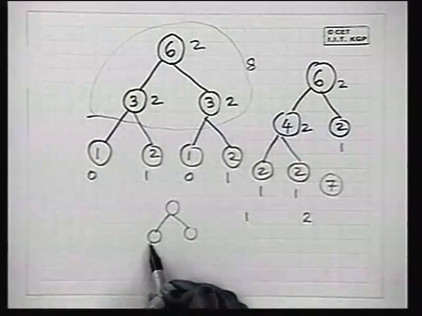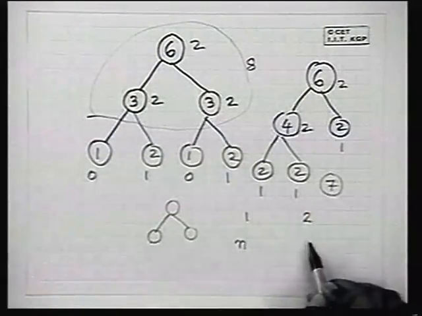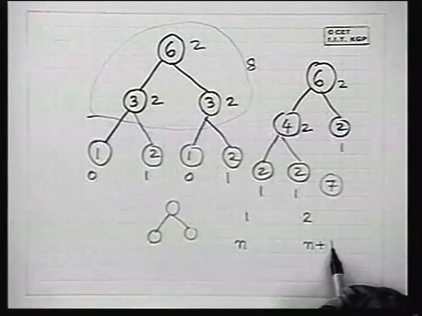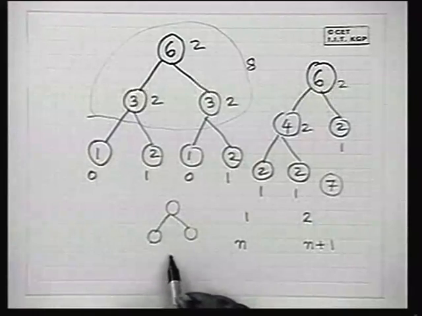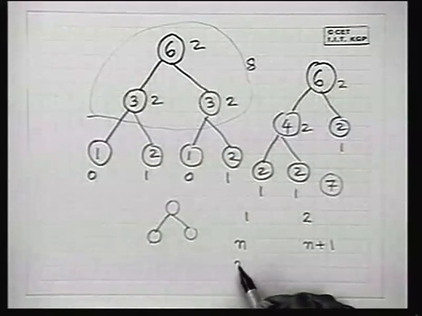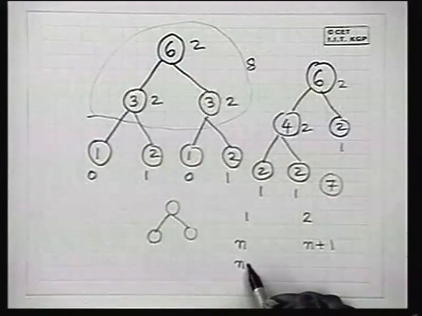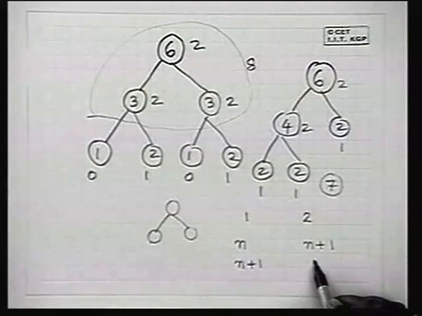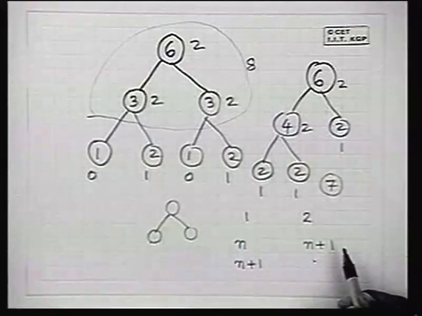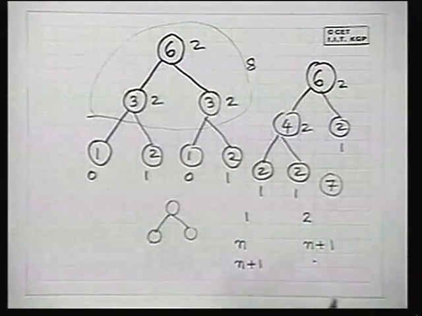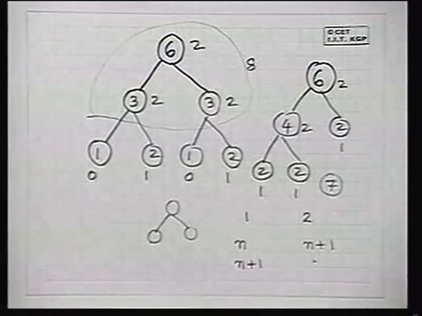Now if there are n internal nodes and there are n plus 1 leaf nodes, then for every internal node if you make 2 more leaf nodes, this will increase by 1 and this will increase by 2, because 1 leaf node has now become an internal node.